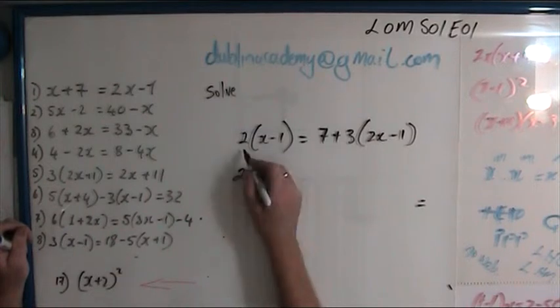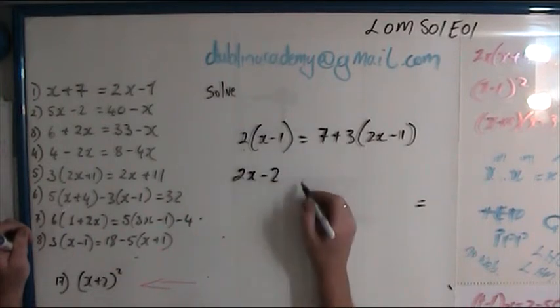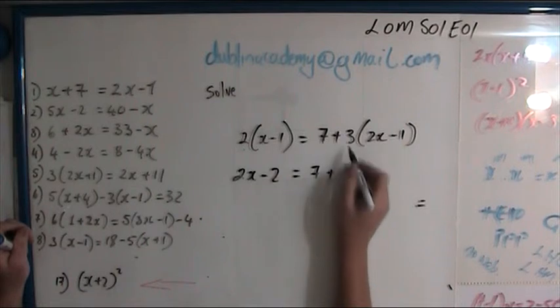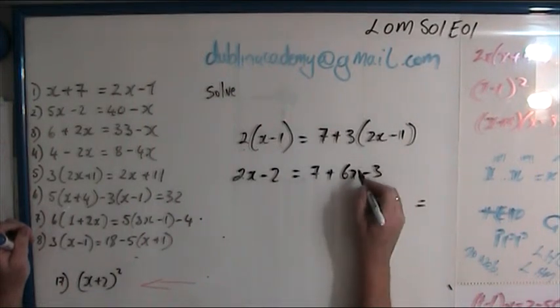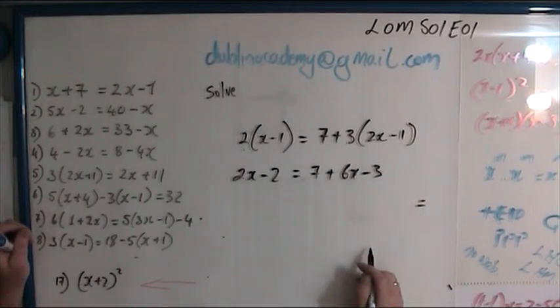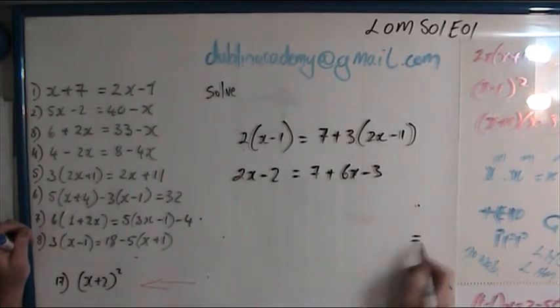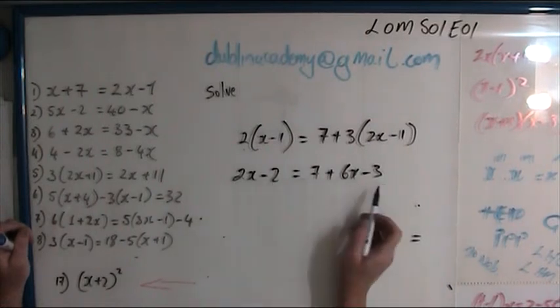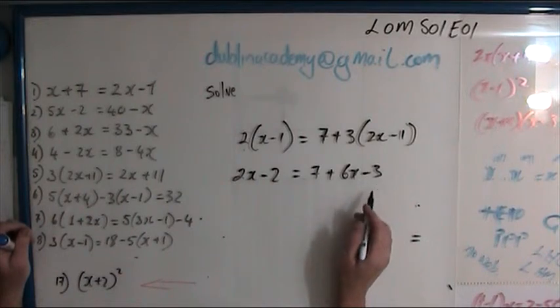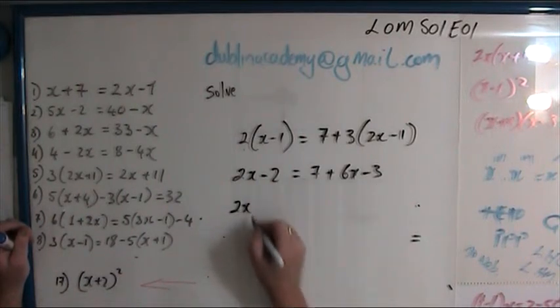2 times x is 2x, plus 2 by minus 1 is minus 2, is equal to 7 plus 3 times 2x is 6x. Plus by minus is a minus. 3 1s are 3. Okay, so we have to work it out. So I'm bringing over the x's and I'm bringing over the integers to the right hand side. Bring the x's together on the left hand side.